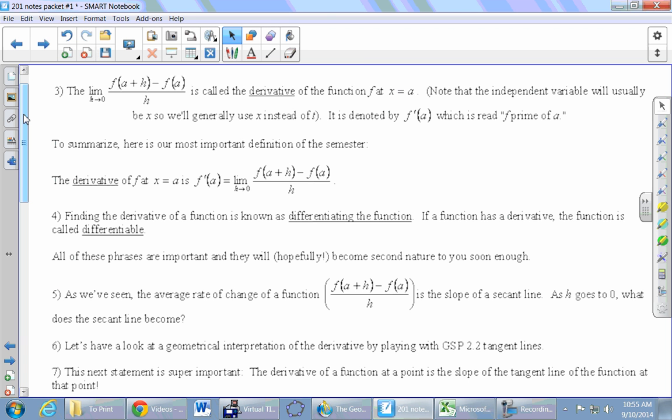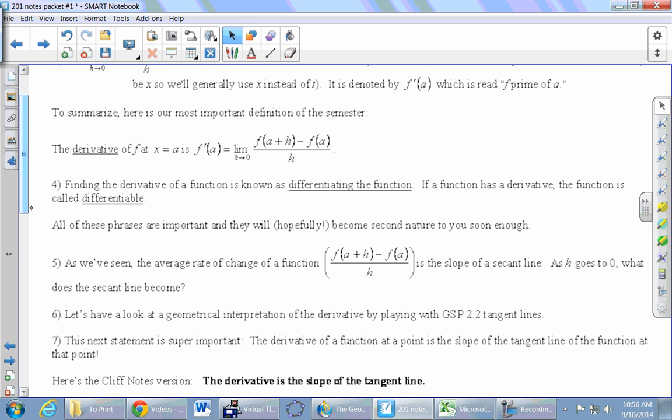Yeah, so that little apostrophe is just our notation for this new calculation. It's called the derivative, and we read that apostrophe as a prime. So the most important definition of the entire semester, you are looking at it right now. It's that f prime of a, this new thing for the derivative, which is the instantaneous rate of change, is that limit. The derivative is instantaneous rate of change.